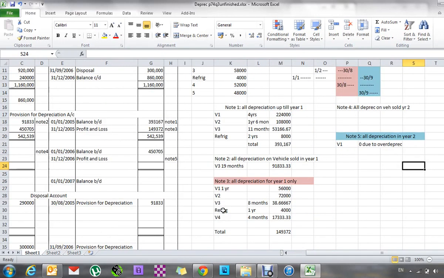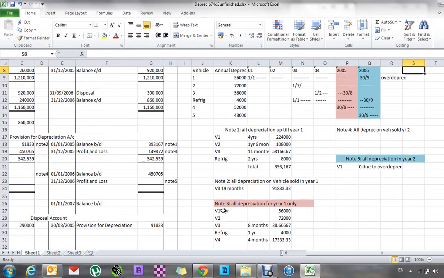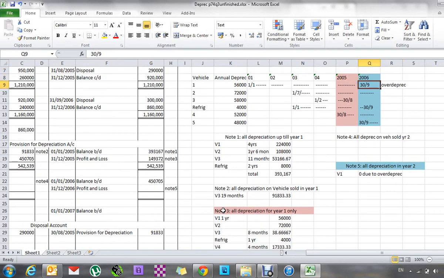Now I move back to the vehicle sold in year 2, note number 4. That's this vehicle here, vehicle 1, and it had the refrigeration system attached to it. Now remember, vehicle 1, I have maximised its depreciation at the end of 05, so I've done all years.